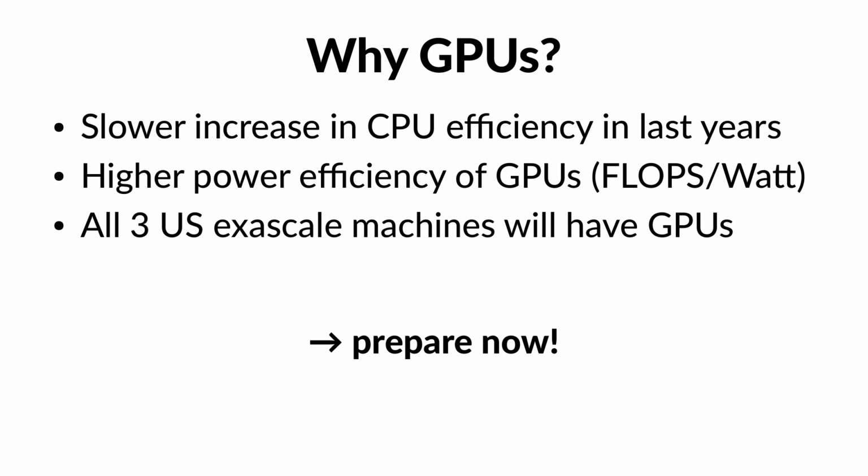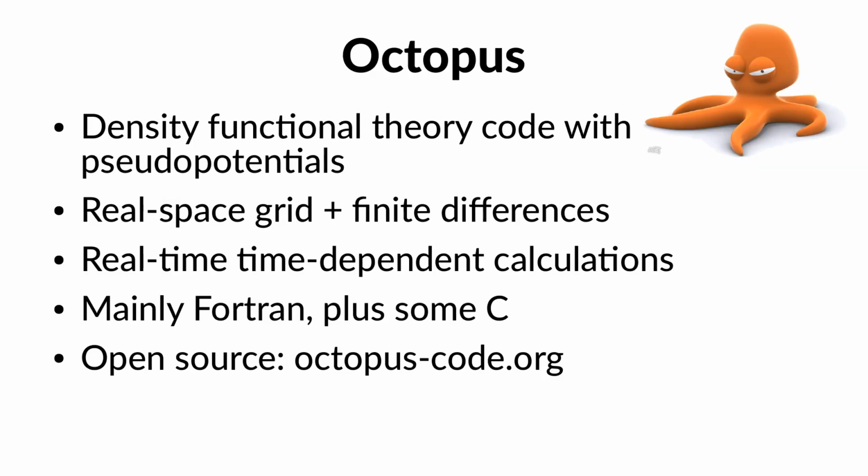And so we work on the Octopus code. What is Octopus? Octopus is a density functional theory code with pseudopotentials. It uses a real space grid and finite differences to discretize the derivative operators such as the Laplacian.